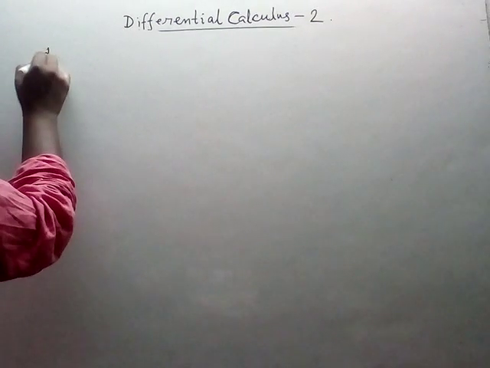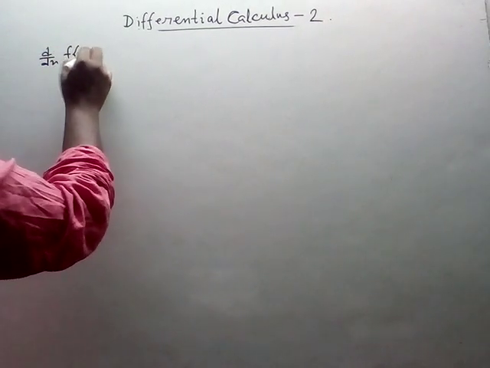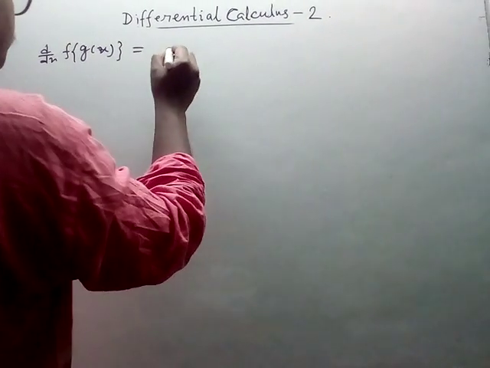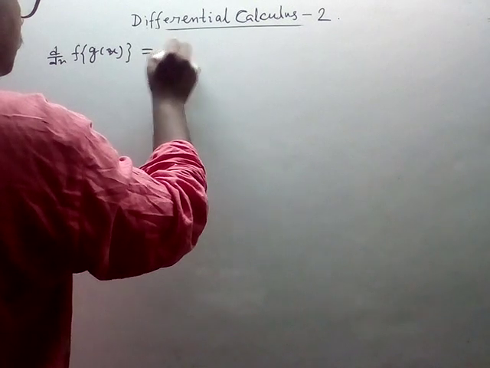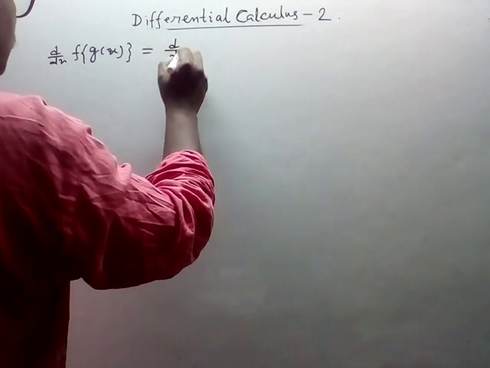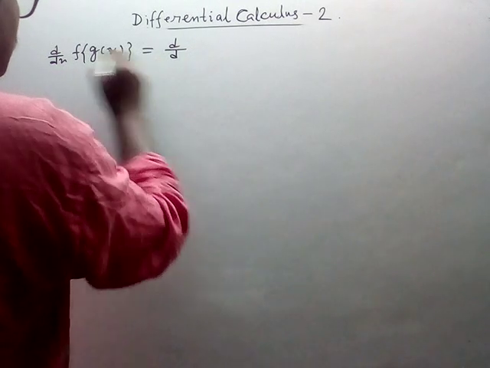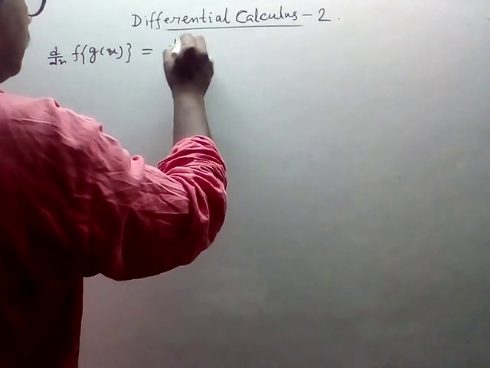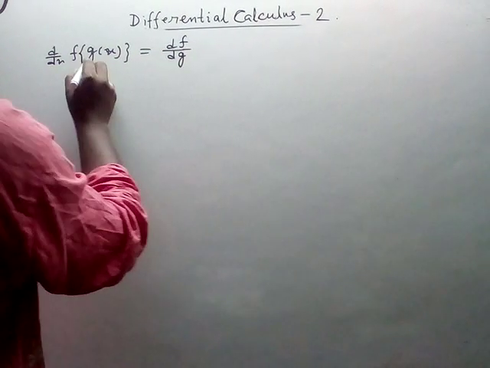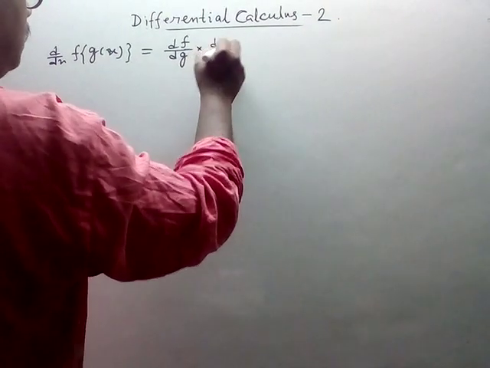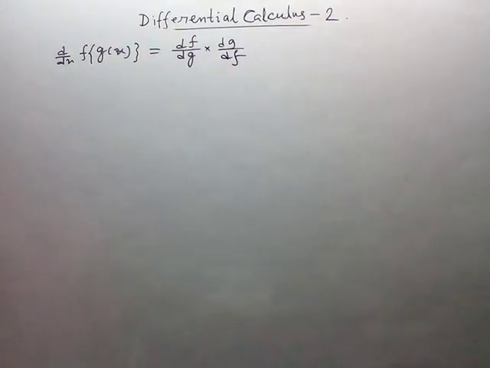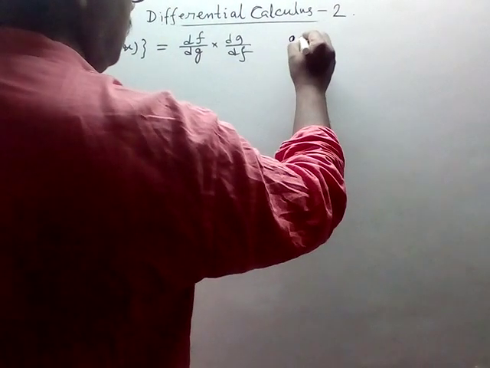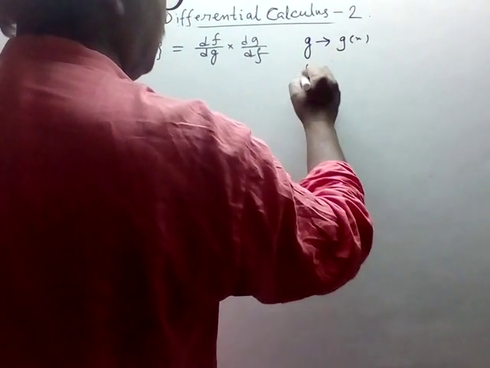Therefore, we have found d/dx of f of g(x) equals, symbolically, df/dg with respect to g, into dg/dx. Here g means g(x) and f means f of g(x).